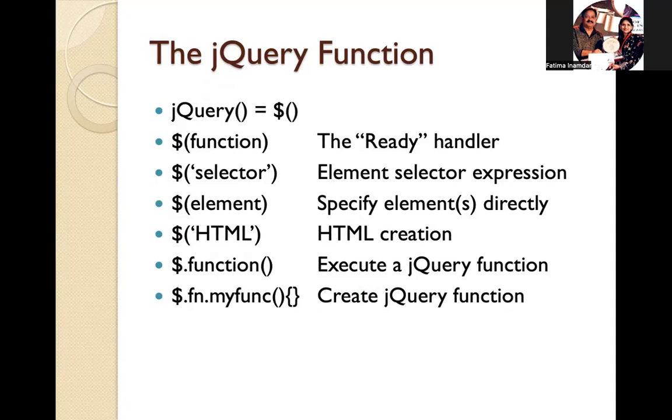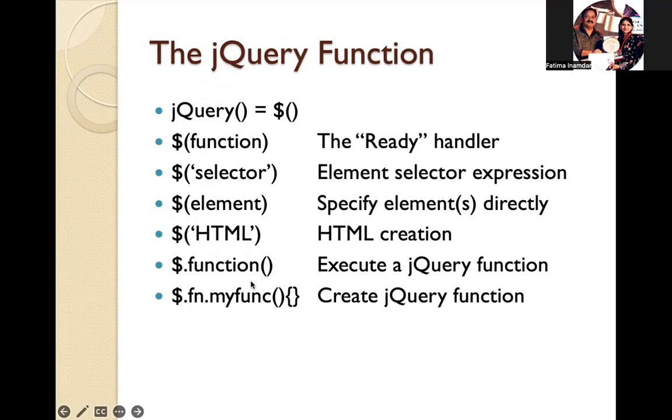Then afterwards the elements are to be considered, where jQuery selects HTML elements using CSS selectors. In that we have to use the element part, and in that directly we can specify the elements. In HTML creation, we can consider this point by using dollar and then HTML.